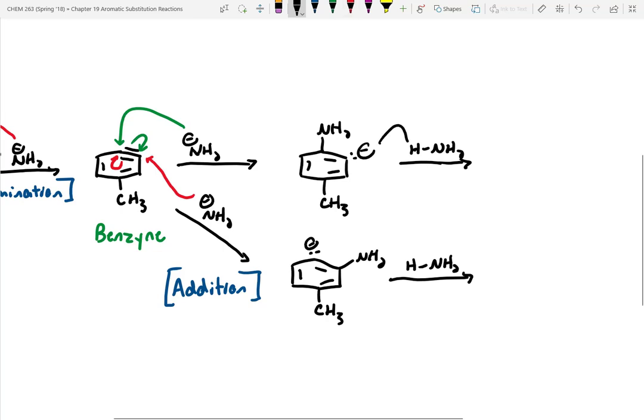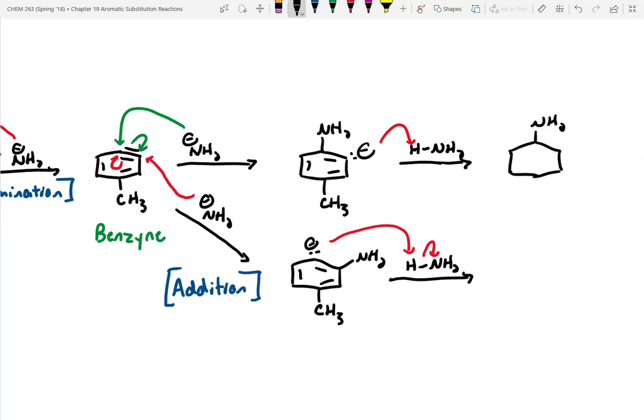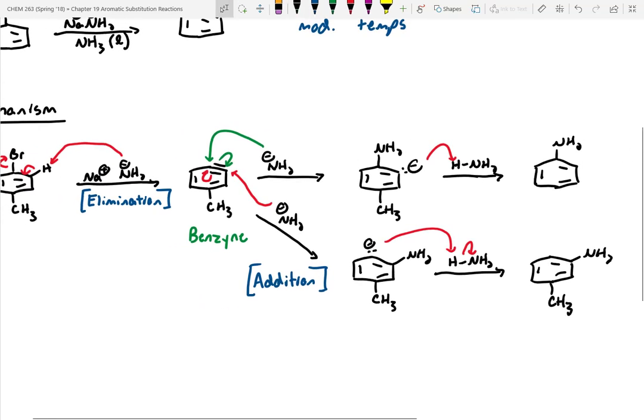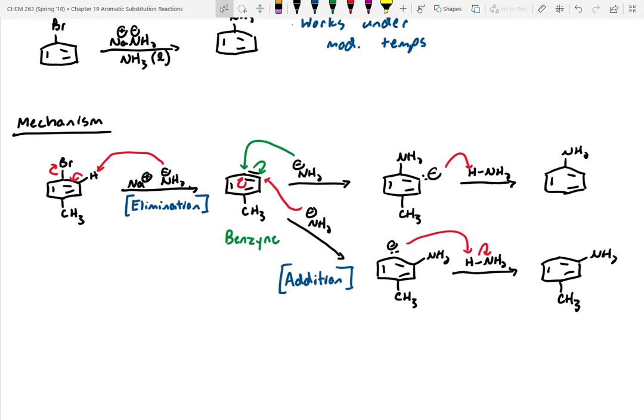So in the next step, it's going to steal a proton from ammonia to give you your final product. And there you go. So this is the full mechanism for elimination addition.